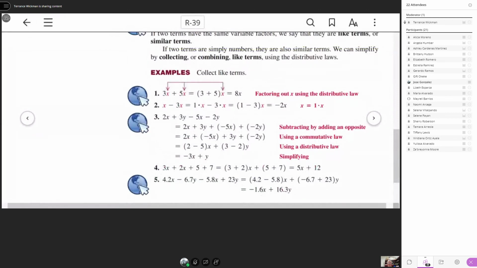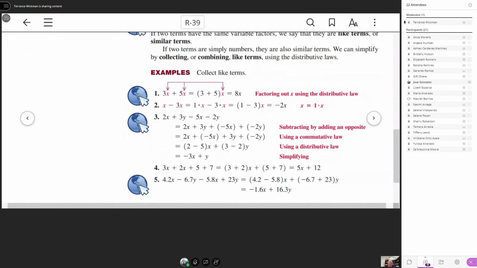Now, this is what we call combining like terms using the distributive property. So you have 3x plus 5x. Notice that in each of these you have an x. So if you factor out the x, you still have the 3 plus 5, and then you get 8x. Well, look, everybody knows that 3 apples plus 5 apples gives you 8 apples.